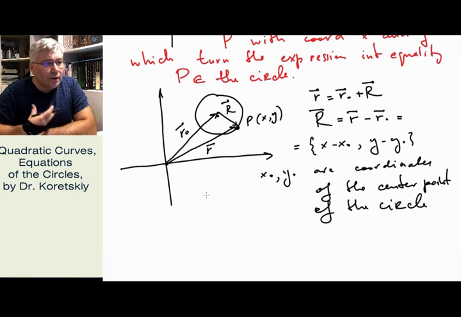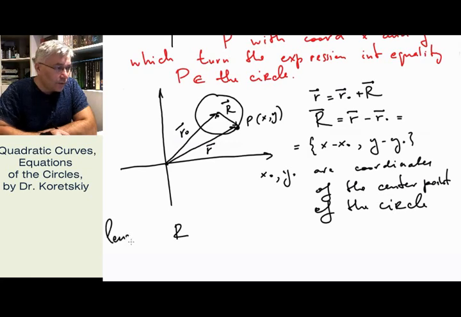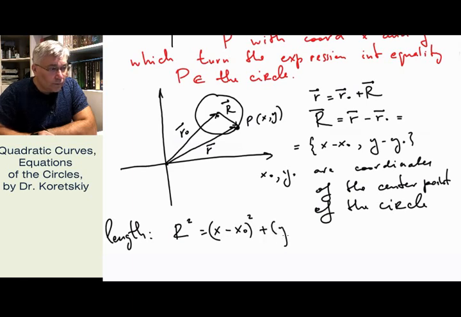And if I try to calculate the length of this vector, I can say that the length of the vector r squared equals x minus x0 squared plus y minus y0 squared.